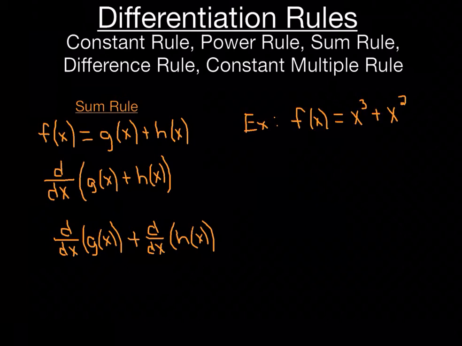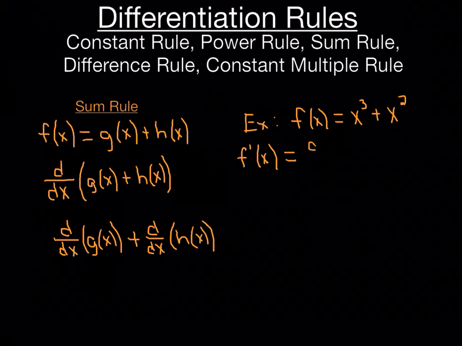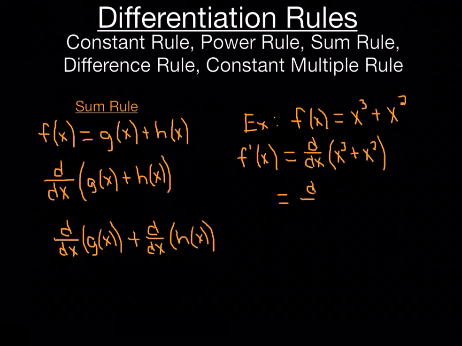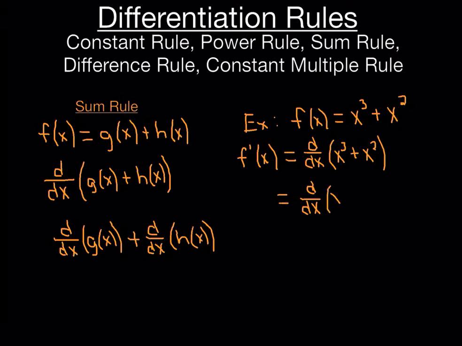Here's an example. F of x is equal to x cubed plus x squared. What we can do then is we can say, well, the derivative of f of x is going to be, and you can just rewrite this as d over dx of x cubed plus x squared. Now, what we can simply do is we can just find the derivative of these individually, d over dx of x cubed plus d over dx of x squared.